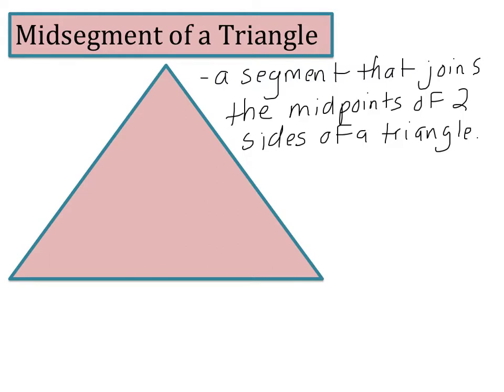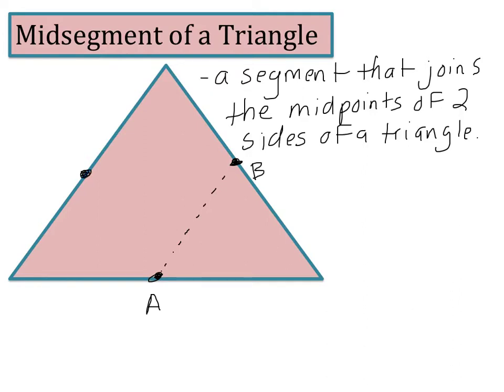So if I go to my triangle right here and I come to this midpoint and this midpoint, we call this segment right here a midsegment. So we would call this midsegment AB.